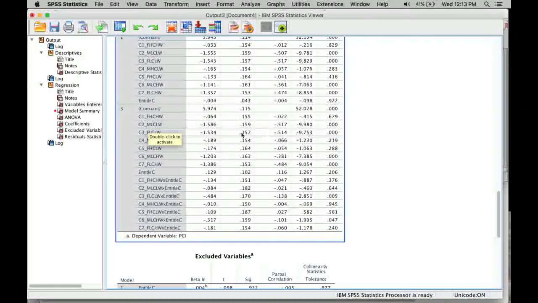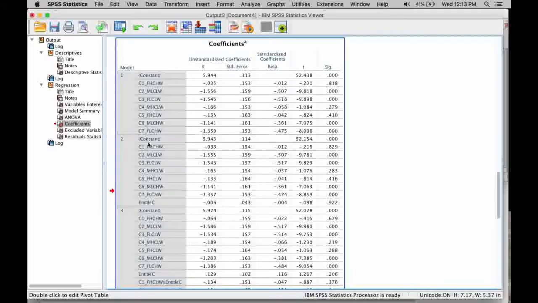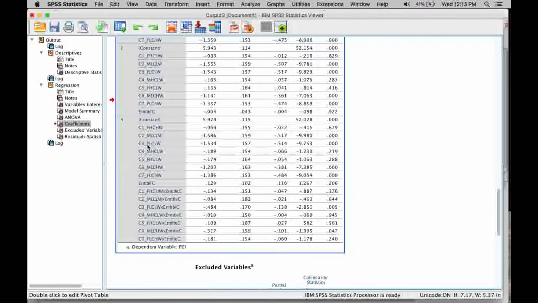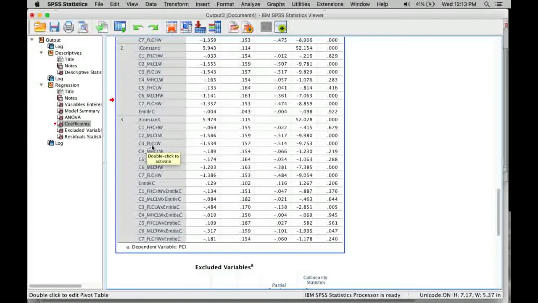The next one is significant. So this one says, oops, sorry about that. For the female prof, low competence, low warmth, their PCI score went down, negative, down 1.534 compared to the reference group, which was the males, high competence, high warmth. Then the next one that's significant is here.